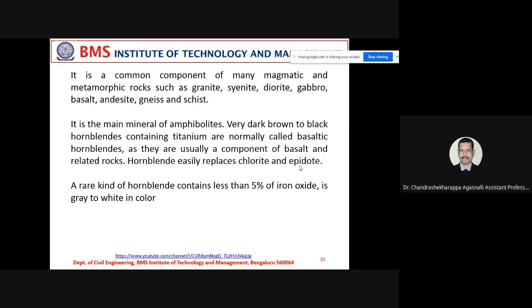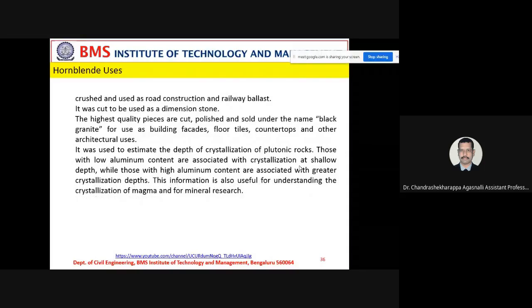Almost all these minerals occur in all the rocks. Generally hornblende is crushed and used in road construction and railway ballast. What do you mean by railway ballast?